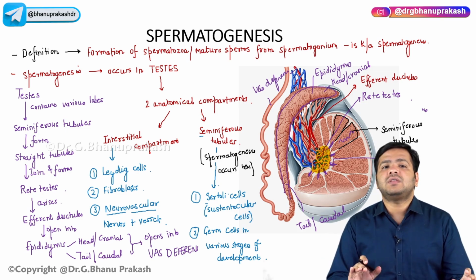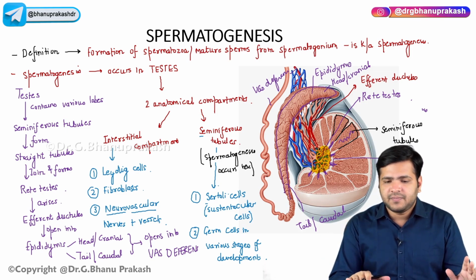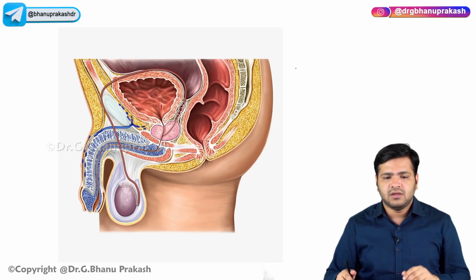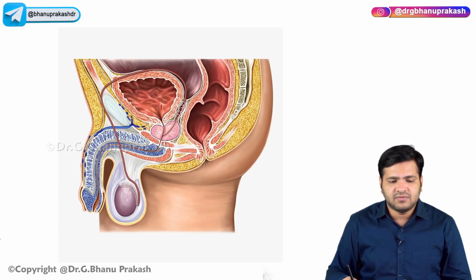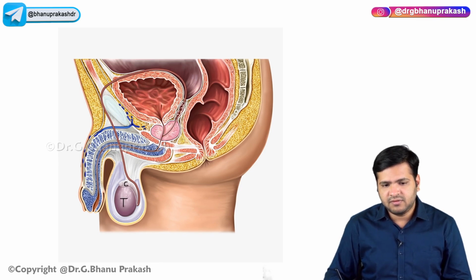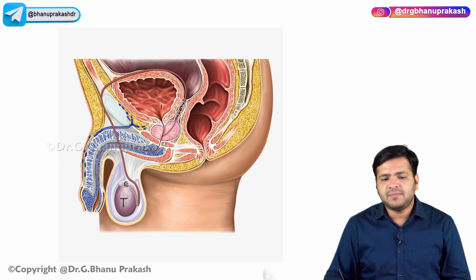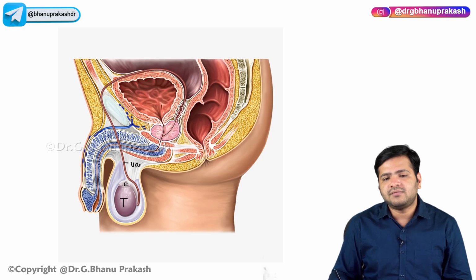So they open into the vas deferens. You can see in this particular picture, let me just use black color, this is the testis, this is the epididymis. From the epididymis, this is the vas deferens.